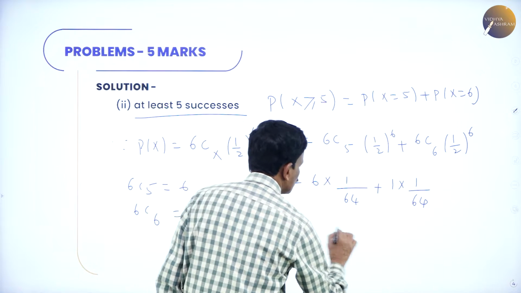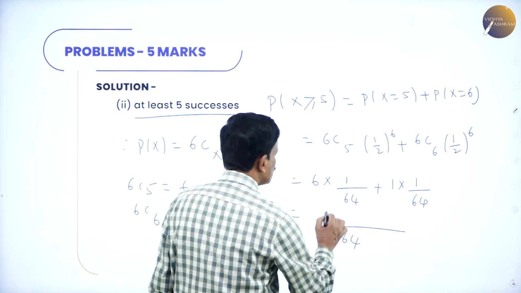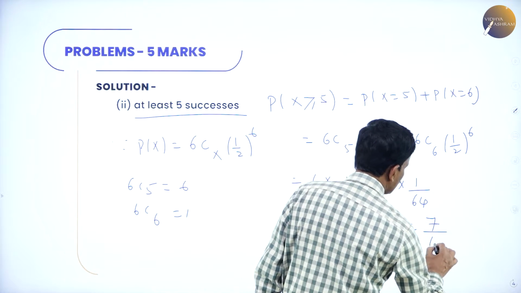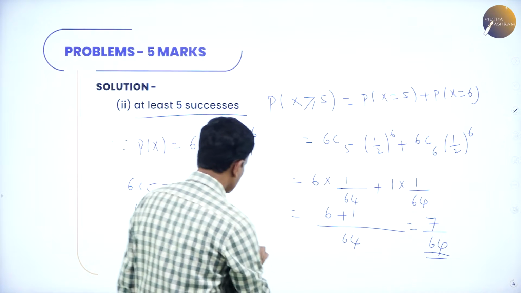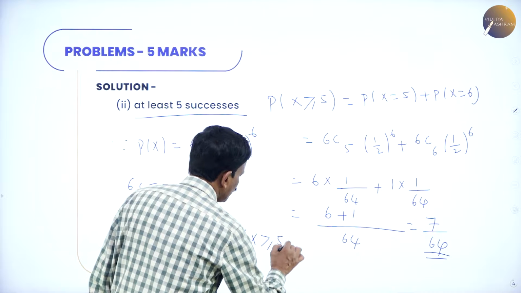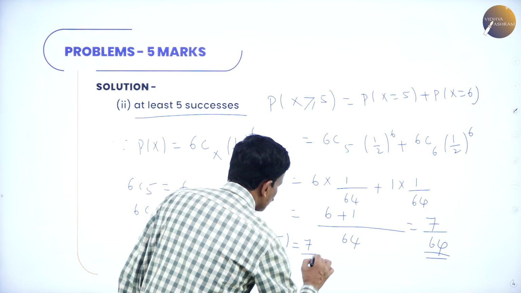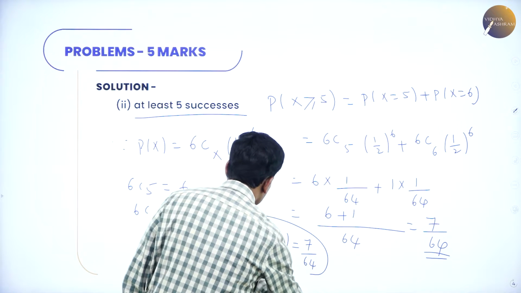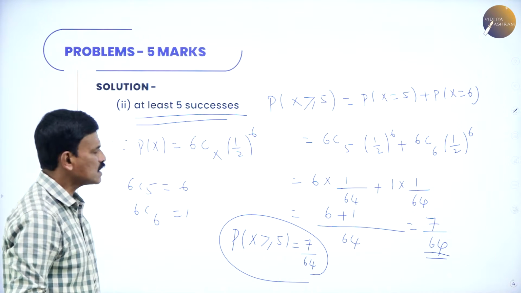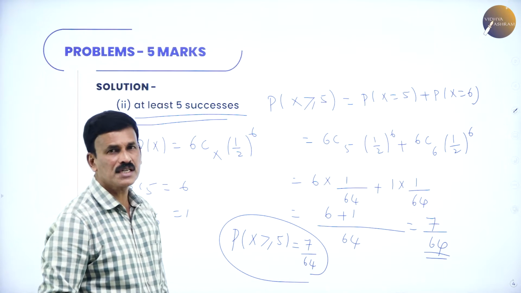Now you can take LCM. 64 is the LCM. 6 into 1 is 6, plus 1, so this is equal to 7 divided by 64. Therefore the probability of x greater than or equal to 5 is 7 by 64. That means at least 5 successes is given by 7 by 64. This is case 2.